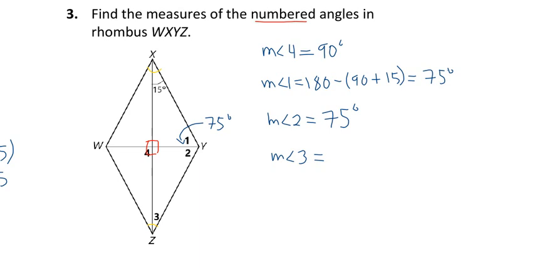So that means this one, which is half of this angle, should be equal to this one, which is half of the angle opposite from angle WXY, which are congruent to each other to start with. So the measure of angle 3 is 15 degrees.